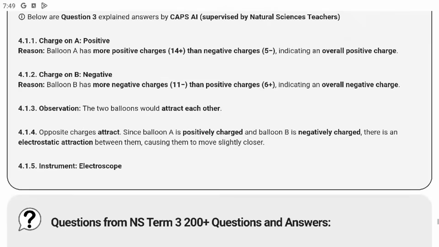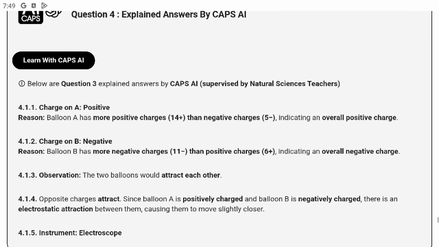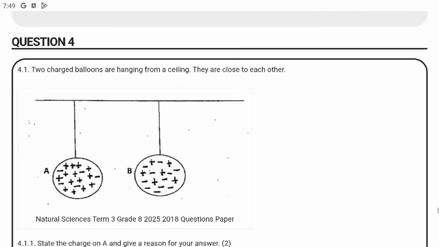The two balloons would attract each other. So if you can see properly, I'm sure you can also see through this video that balloon A is sort of leaning towards balloon B. Unless it's that the question paper is sort of not straight.